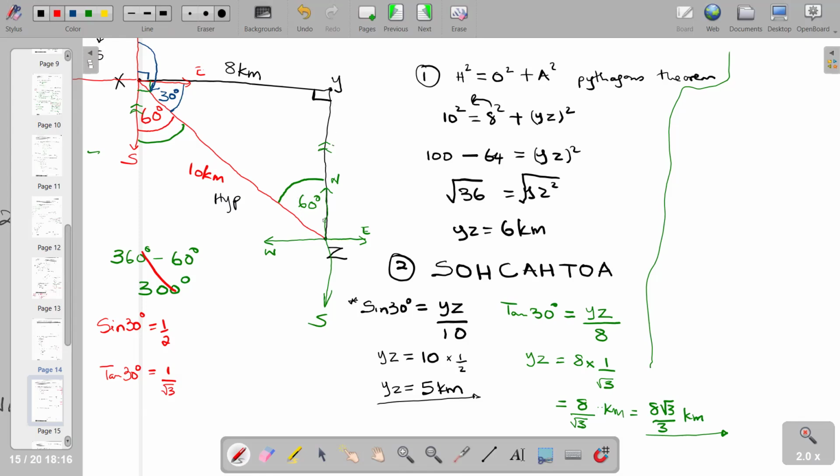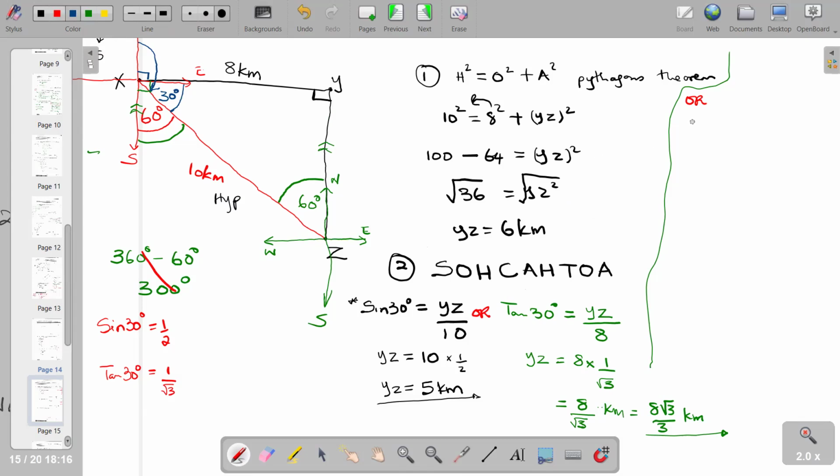If we check in relation to 60 degrees, this side is adjacent. Which ratios use adjacent? It is cos and tan. So if we use cosine, it was going to be cos 60.